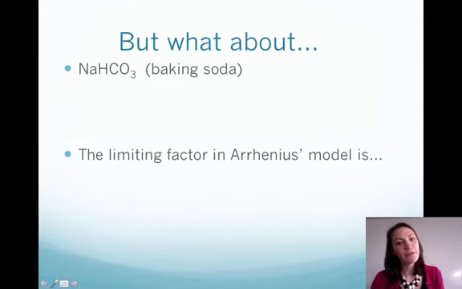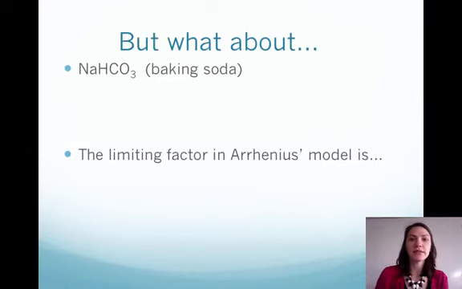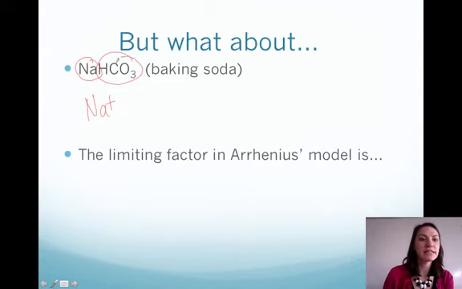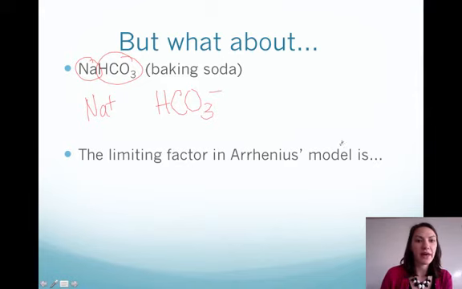So we know that Arrhenius had a great start, but he wasn't the person who created the definition of acid and base that we use today. And this is the reason why. Baking soda separates into Na plus and a polyatomic ion, HCO3 minus. Well, that's not H plus, so it's not an acid, and that's not OH minus, so it can't be a base, according to Arrhenius.